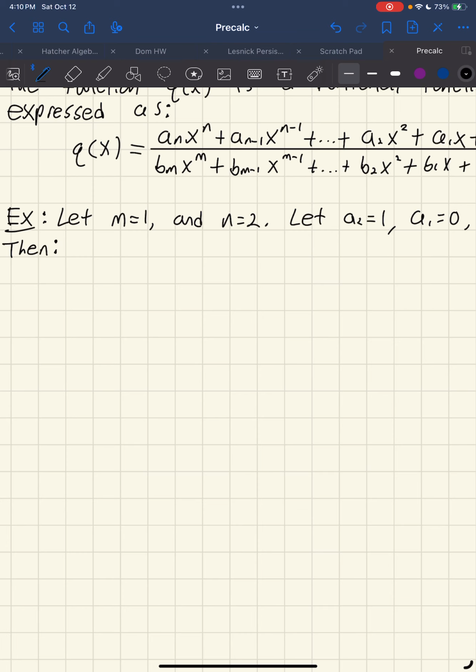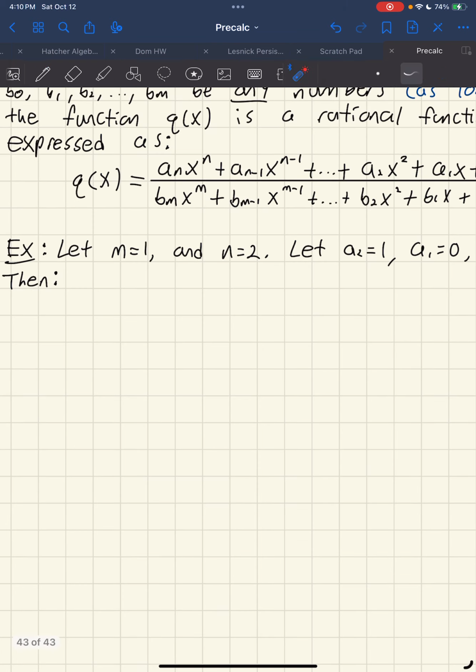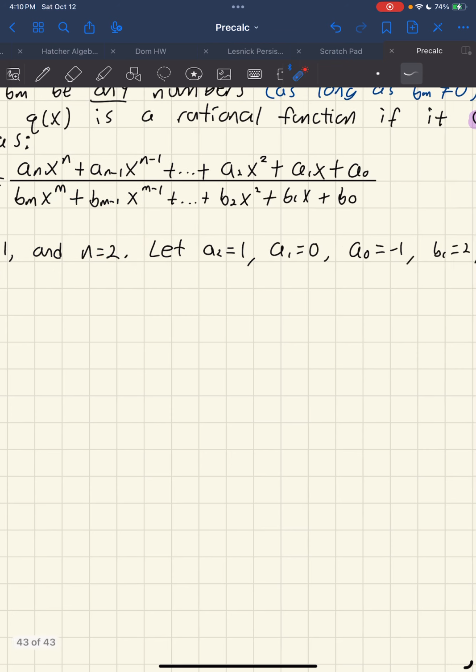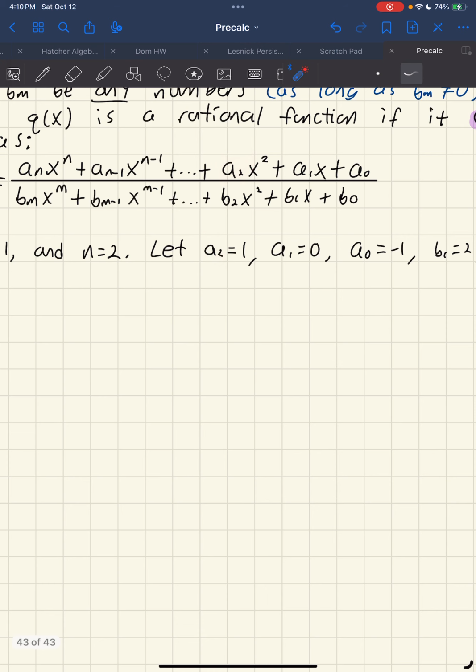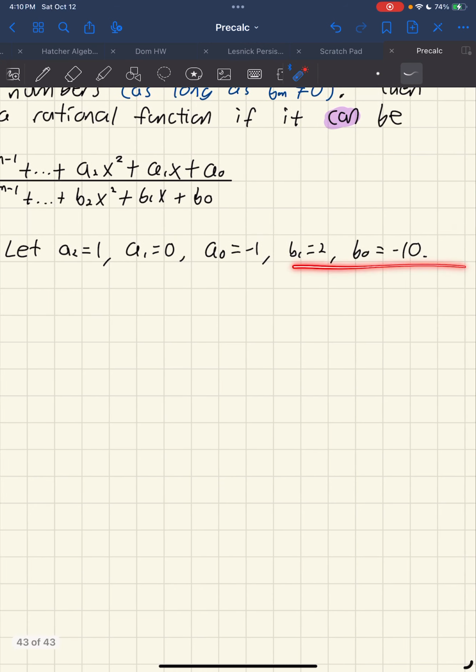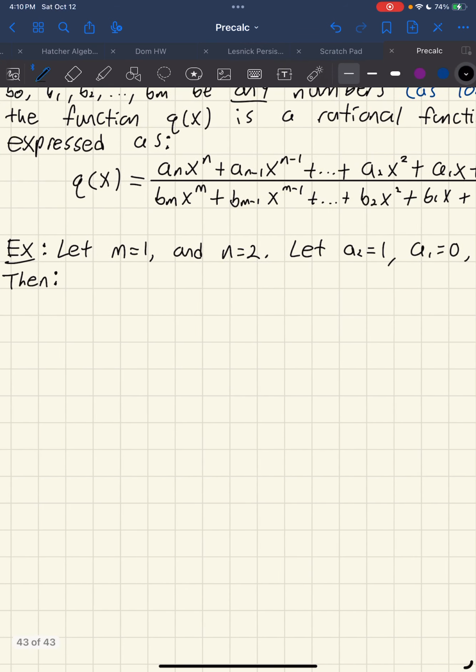Then we're going to get the following. If I just plug this m into this m, this n into this n, a2 into a2, a0 into a0, and so on and so forth with these guys, then what I'm going to get is, I'll call it q of x as well. I'll get q of x is equal to, I'll also use 2 lines here, just to make the fractions not so small.